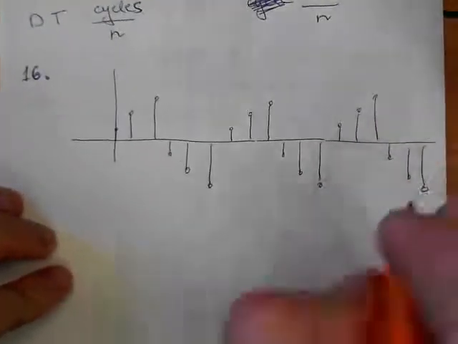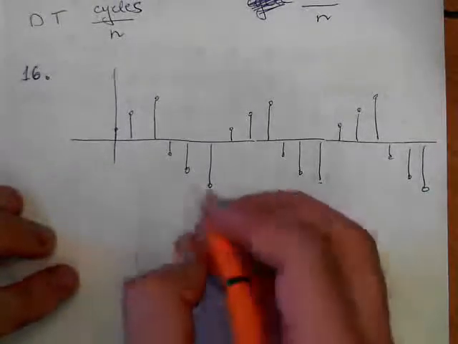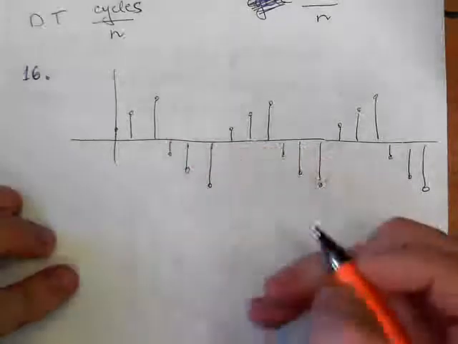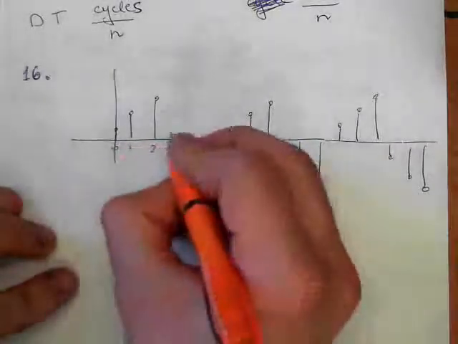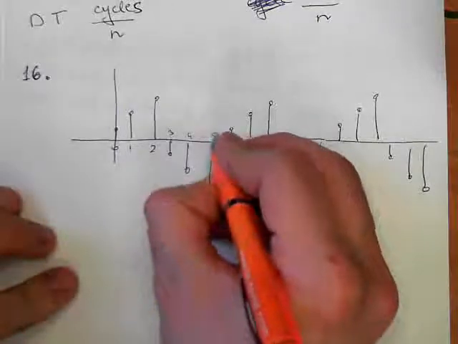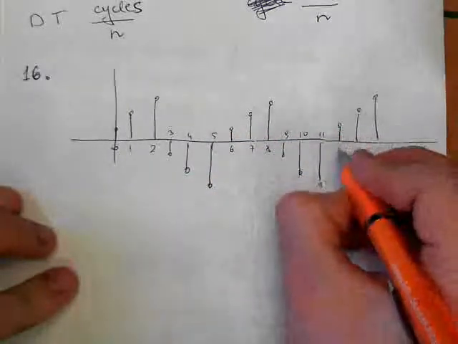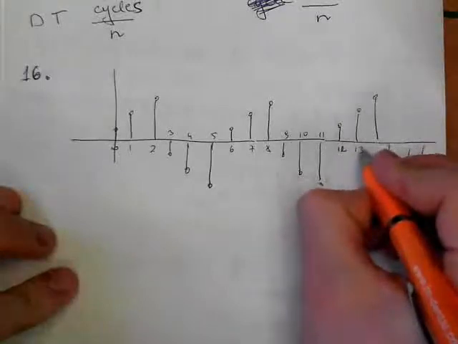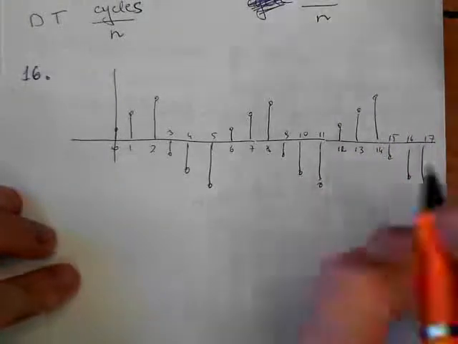Yeah, this is kind of signal. So here is 0, 1, 2, 3, 4, 5, 6, 7, 8, 9, 10, 11, 12, 13, 14, 15, 16, 17.